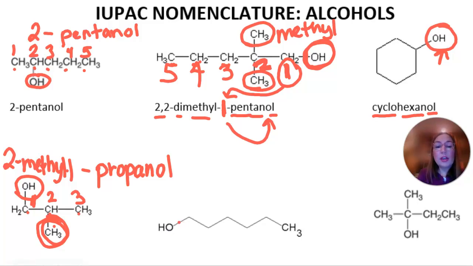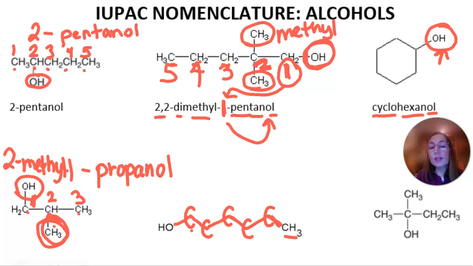Now, next we have a zigzag chain. We've got an OH, and then it goes up in a V, and then another V, and then a third V, ending in CH3. So each point on this V is a carbon. So really, if we're looking at those V's, it goes OH, and then a carbon on top, and then a carbon coming down, and then a carbon going up, and then a carbon going down, and then a carbon going up, and then it ends in another CH3, or another carbon.